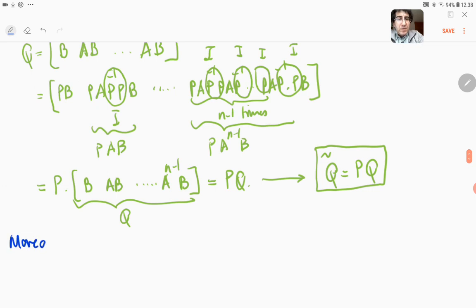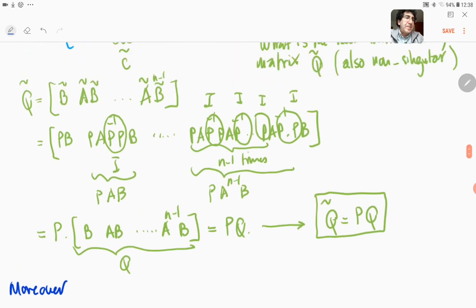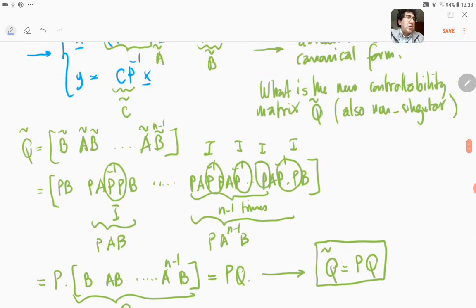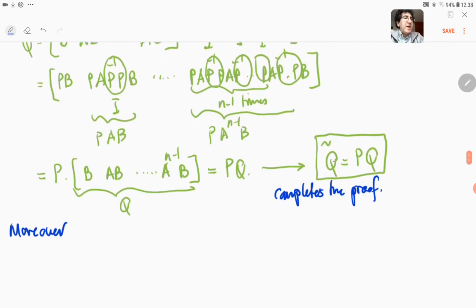Moreover, this basically completes the proof, because we have proven that if the two systems are related by a similarity transformation and one is completely controllable, the other is as well.